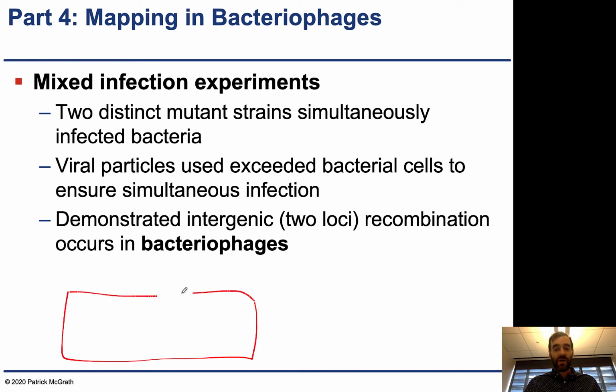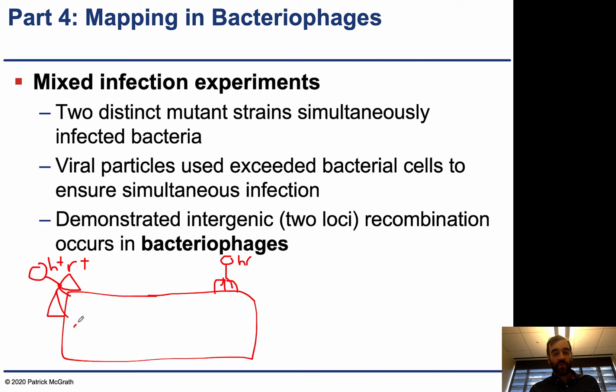So this poor cell gets infected by a phage that is HR, and then unfortunately for it, it is also infected at the same time by a phage that has a different genotype and a different phenotype.